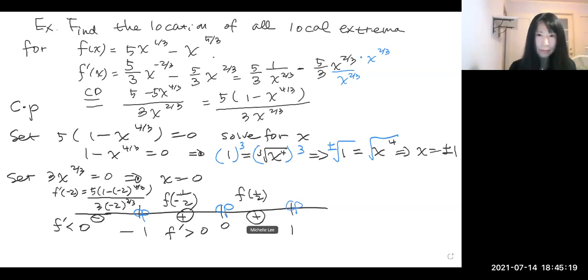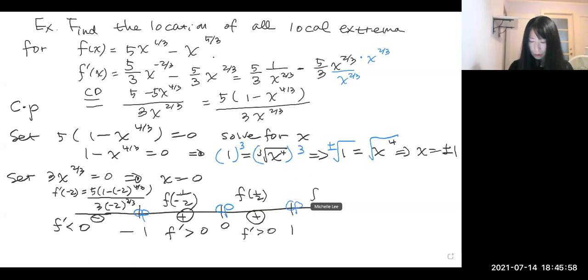What do you think? Because of the sign, right? It's a cube root, but anyway, we do the fourth power. So it's positive. Is it correct? Okay. And then what do you want to pick for the last interval? 2.